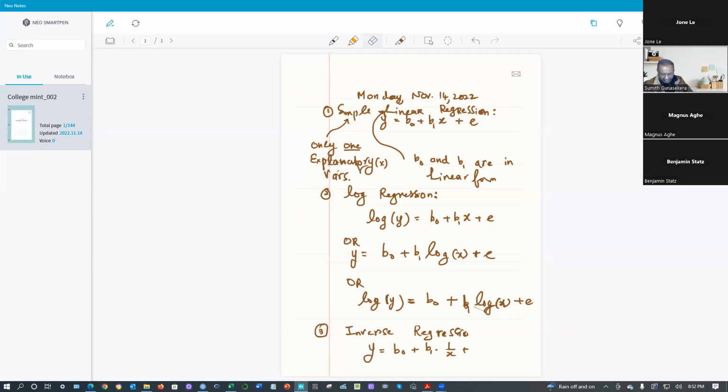I'm using only one x. I have only one explanatory variable, so it's simple. It is a simple log regression, and an inverse regression like that.